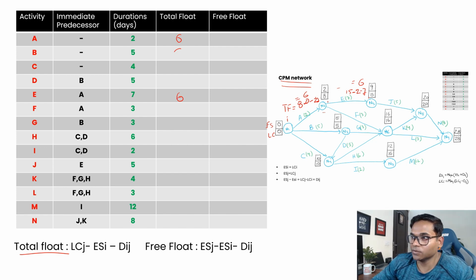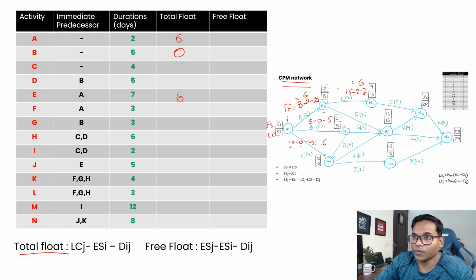Then coming to B. For B, we have 5 as the late completion, and the early start is 0 for node 1. So the formula is 5 minus 0 minus 5, which is 0. So for B it is 0. Then for C, 10 minus 0 minus 4, where 4 is the duration, 0 is the early start, and 10 is the late completion, which is equal to 6.